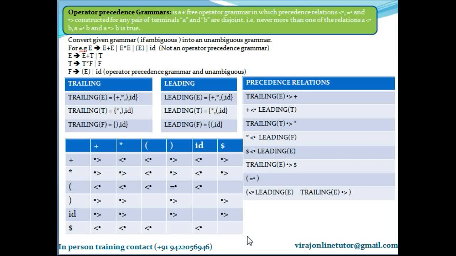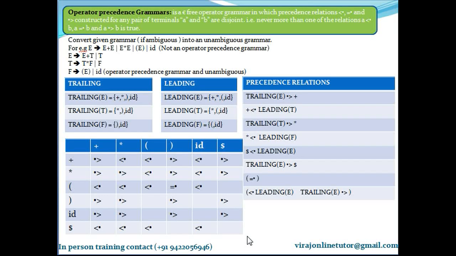Now this is a new grammar called operator precedence grammars. Operator grammar was a grammar in which you cannot have two adjacent non-terminals. What is the operator precedence grammar?